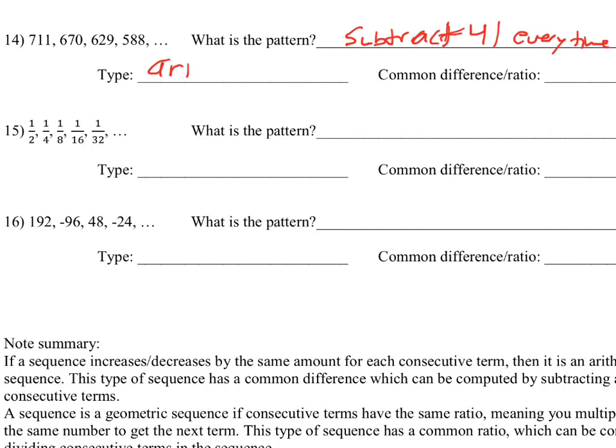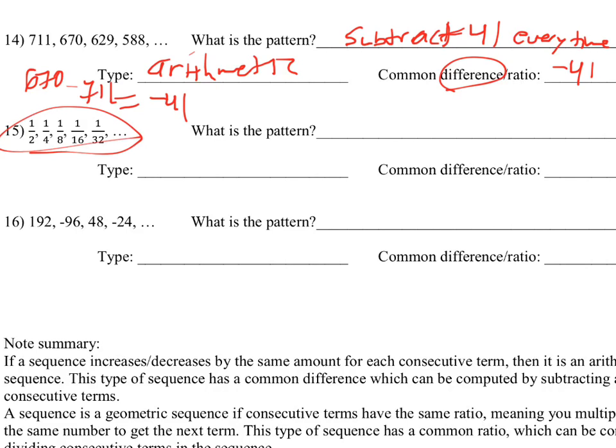And if you're going to subtract the same thing every time, it's going to be arithmetic. And if it's arithmetic, it has a common difference, which you just take 670, subtract 711. Oh, that just gives me -41, which is kind of what we expect, because you subtract 41 every time.